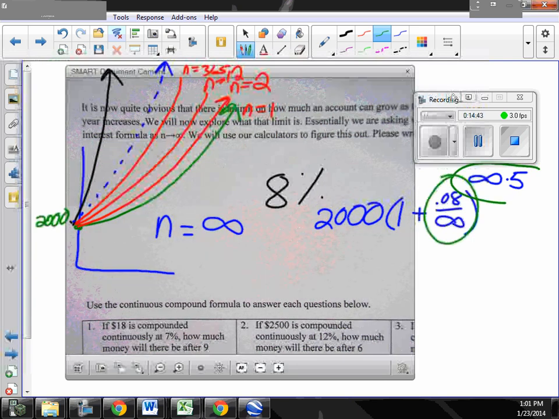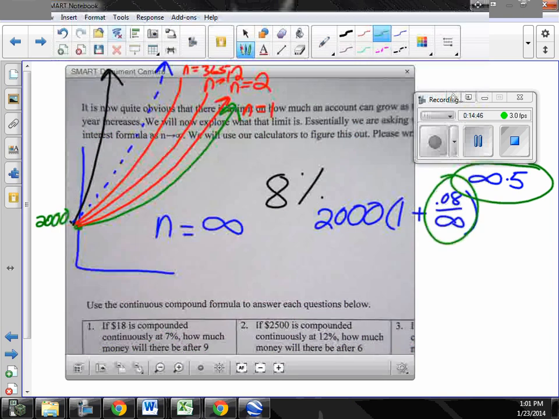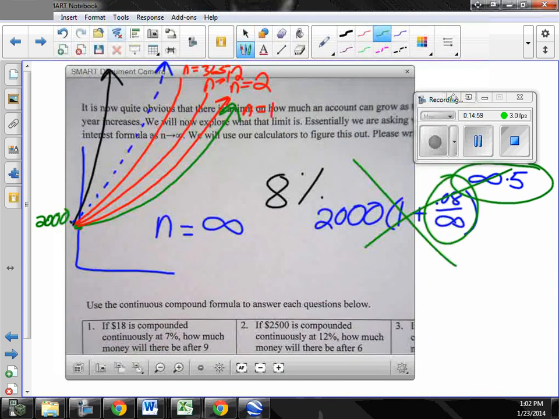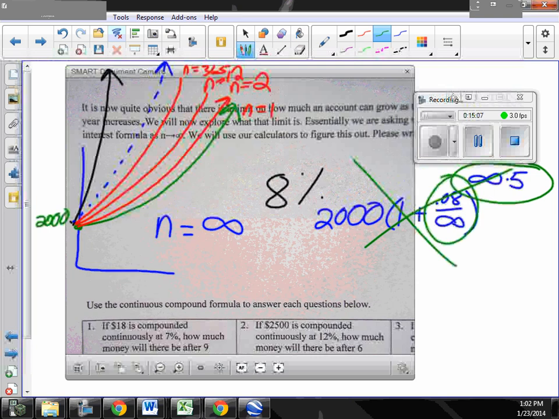Well, that number is infinity. So 1 plus almost 0 is really close to 1. And 1 to the infinity is 1, but 1 point almost 0 to the infinity just creates problems. So we try to do that, and the equation falls apart. So, using calculus and some other things that you guys don't understand, we can actually change the equation.